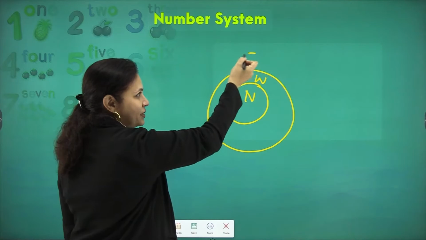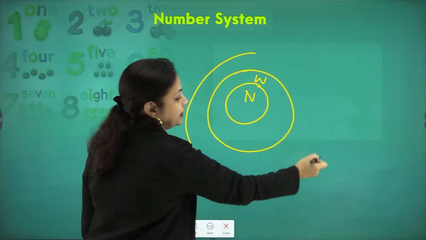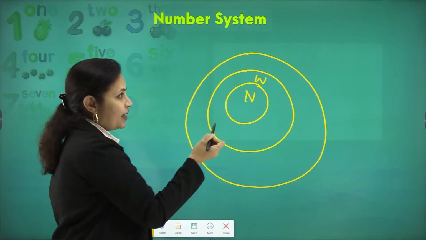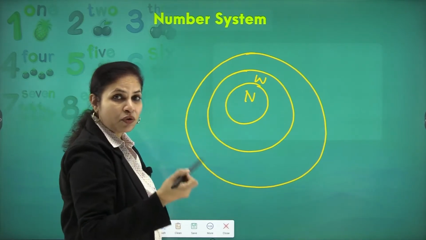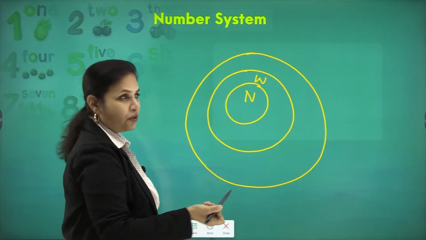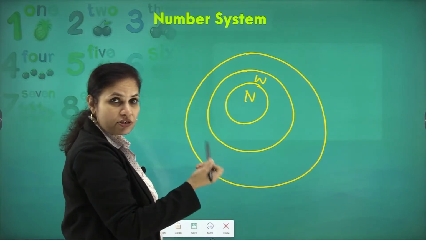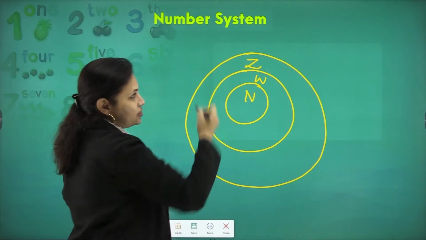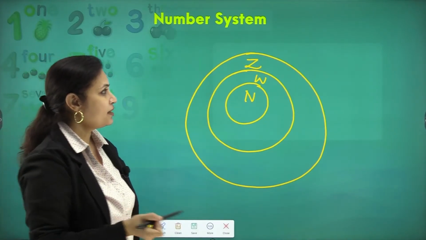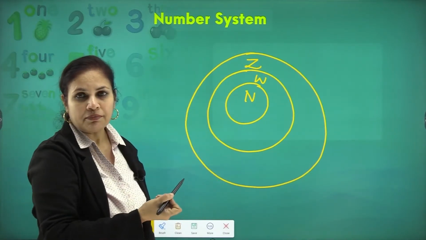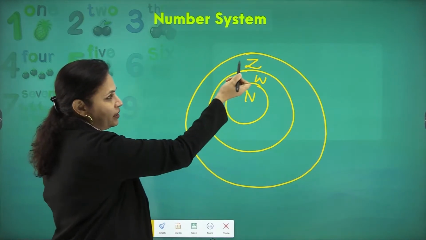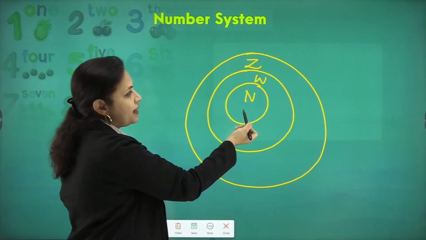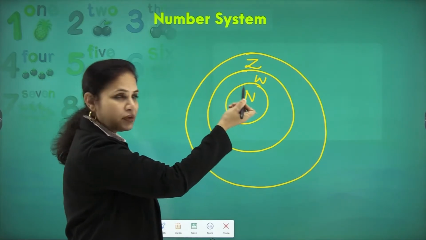Now further we studied about integers, which included negative numbers also, and since we have a group of negative integers now, the bag will take a larger size and the integers will be represented by Z. So gradually we can see the evolution of numbers from natural numbers to whole numbers to integers.